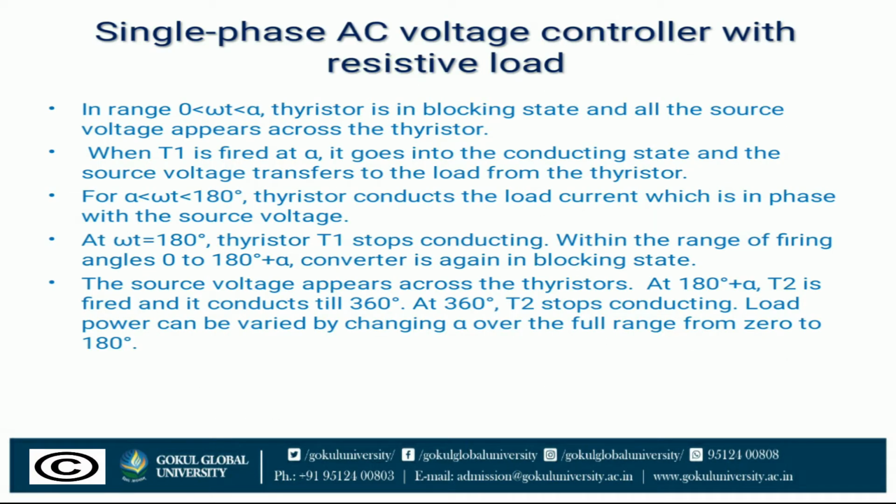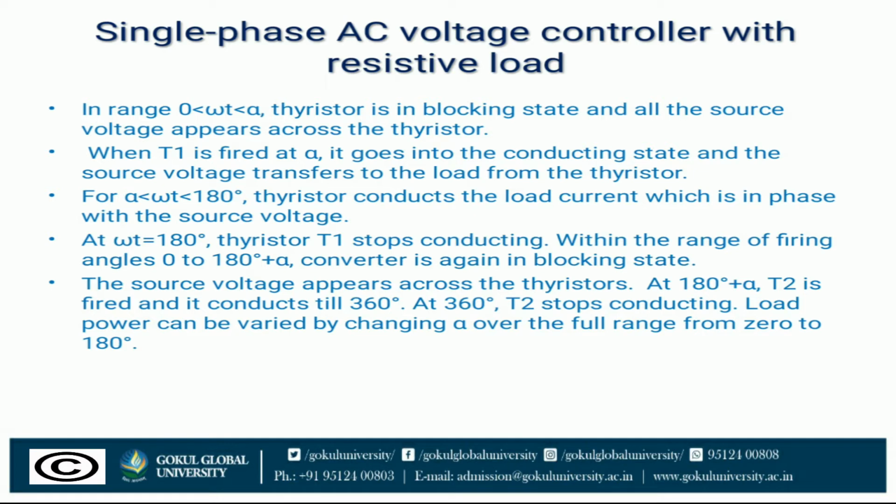Okay, this is what we have discussed. In the range 0 to alpha, the thyristor is in blocking state and all the source voltage will appear across the thyristor. When T1 is fired at alpha, it goes into the conducting state and the source voltage is transferred to the load. For alpha less than omega t less than 180 degrees, the thyristor conducts the load current, which is in phase with the source voltage.